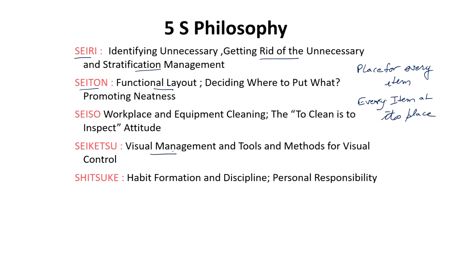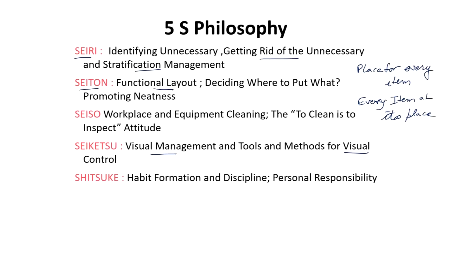In our case we keep cupboards with wooden doors and nothing is visible inside, whereas in Japanese concepts they keep the cupboards open from all 4 sides so that items are visible. So, no unnecessary component parts are kept, and if anything is not required it is taken out from that place. That is called visual control.